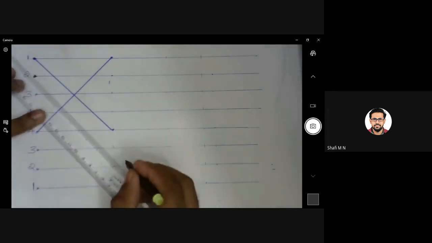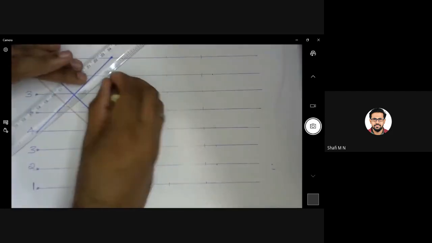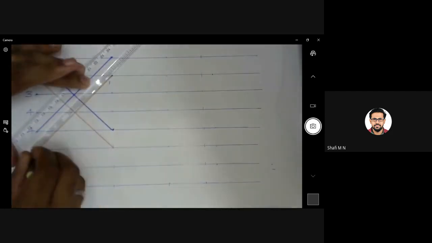Let me draw the second butterfly. I can start drawing from this point because I have not used this point yet. That should end after 4. That's the second butterfly. Then let me draw the third one.